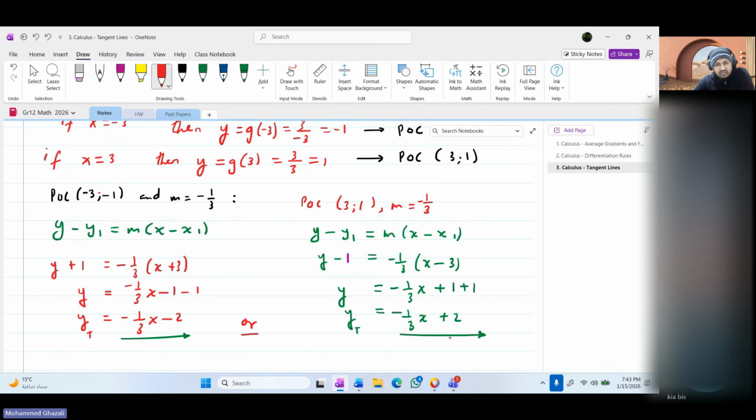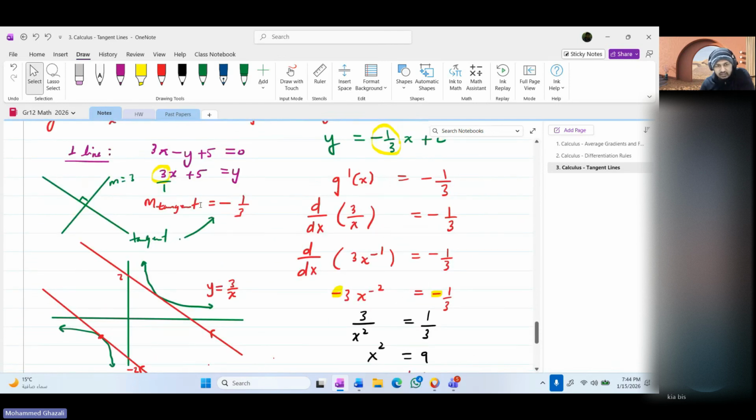So you're gonna have a tangent at this point of contact, and you're gonna have another tangent at this point of contact. And this line that they're talking about here, +5 is somewhere around here, right? That line is upward sloping, which is perpendicular. Remember, +5 is going to go y-intercept 5.